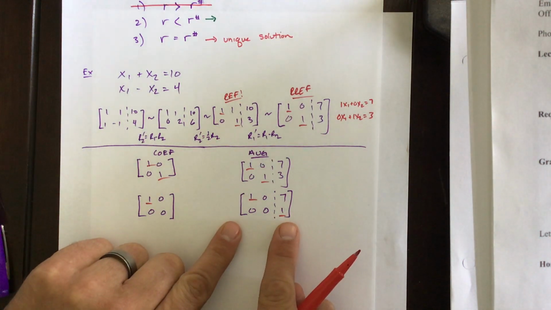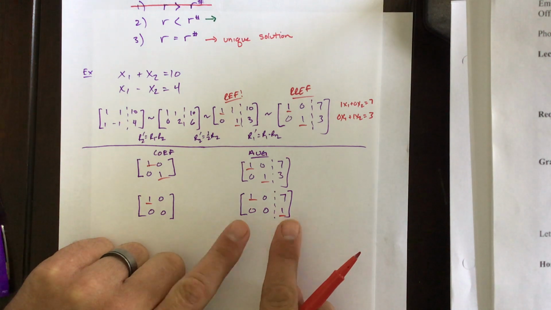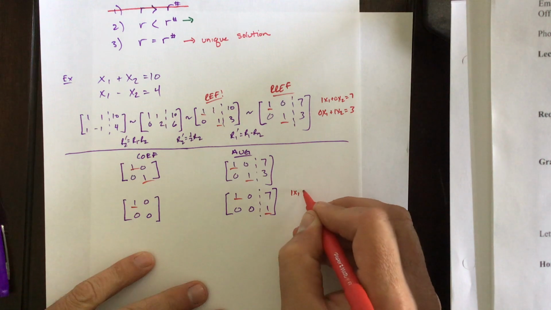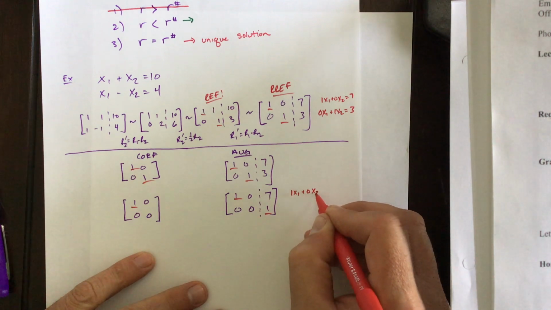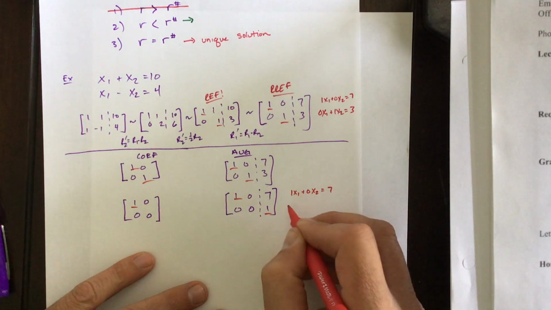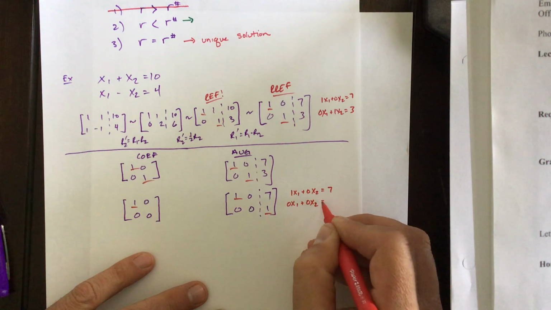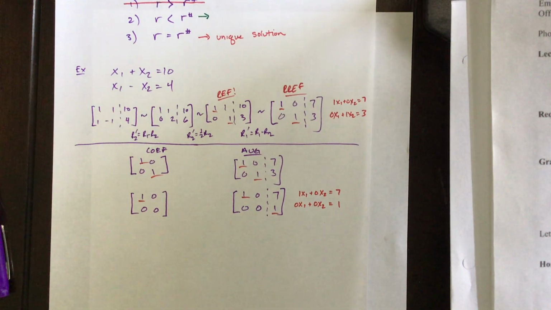What does the corresponding system of equations to this one look like? Well, it looks like 1x1 plus 0x2 is equal to 7, and 0x1 plus 0x2 is equal to 1. And this doesn't have to be a 1 right here.